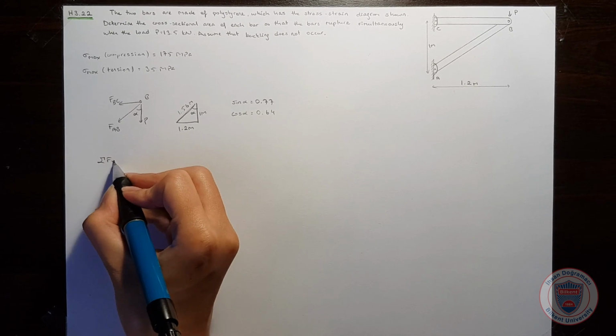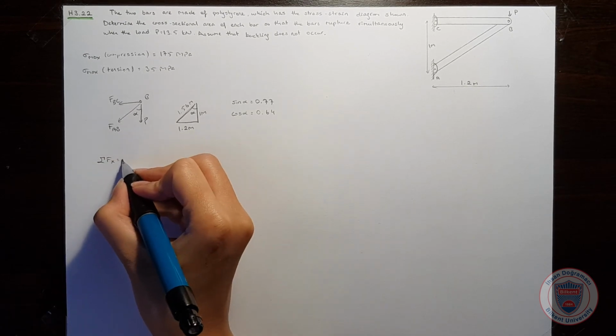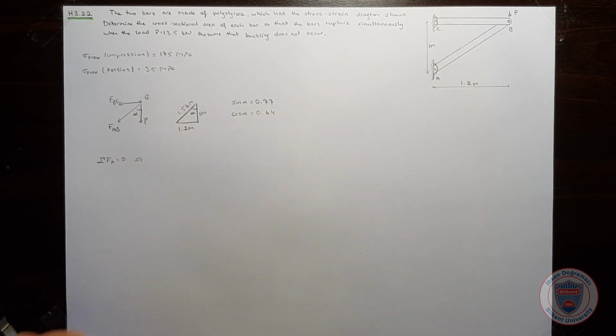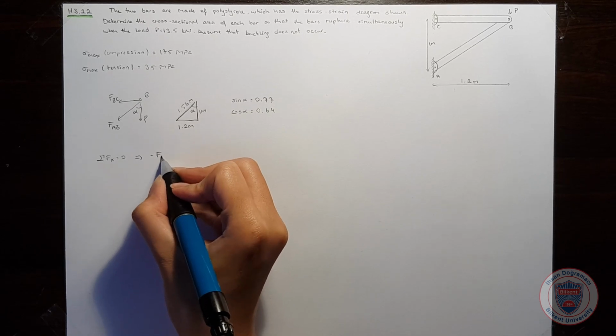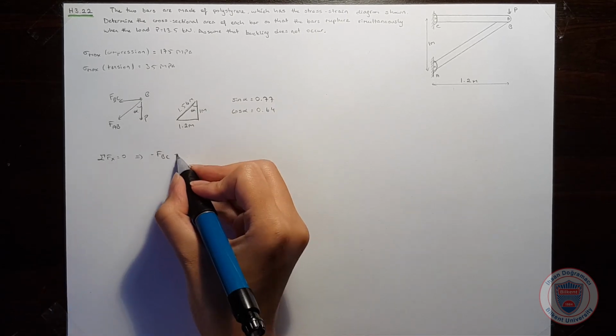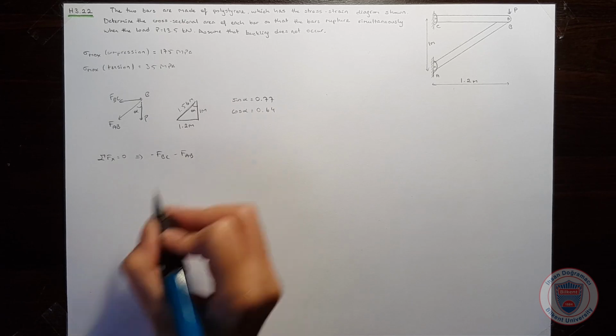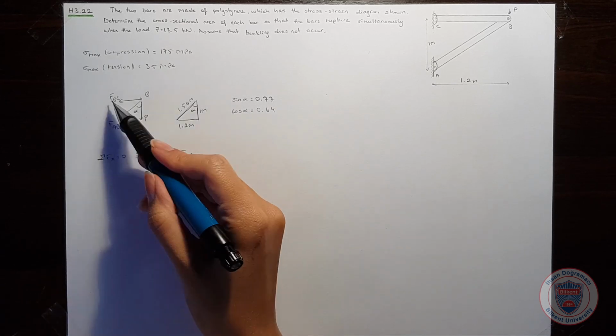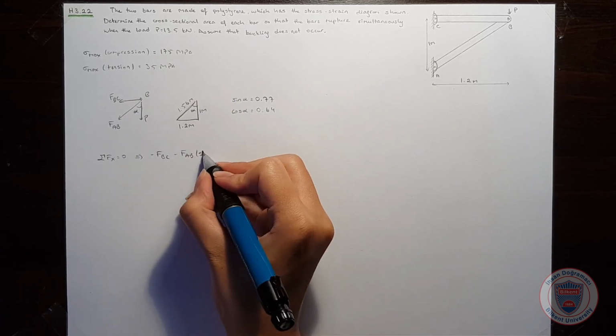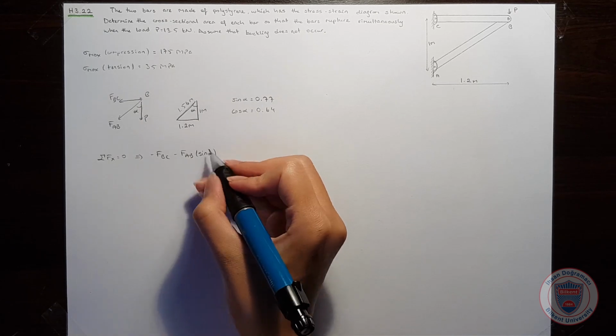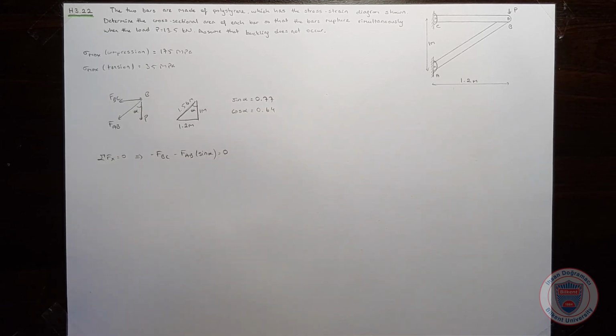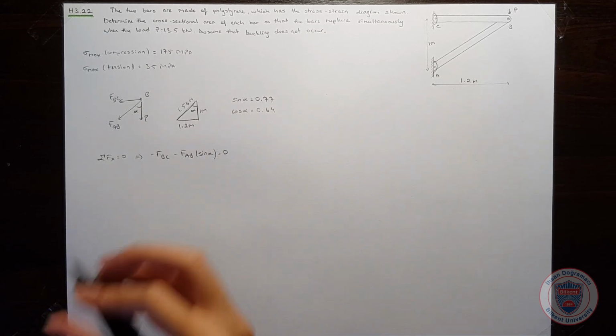Now we can write the force equations. We know that the sum of forces in the x direction will be 0, and minus FBC minus FAB times sine alpha will be 0.